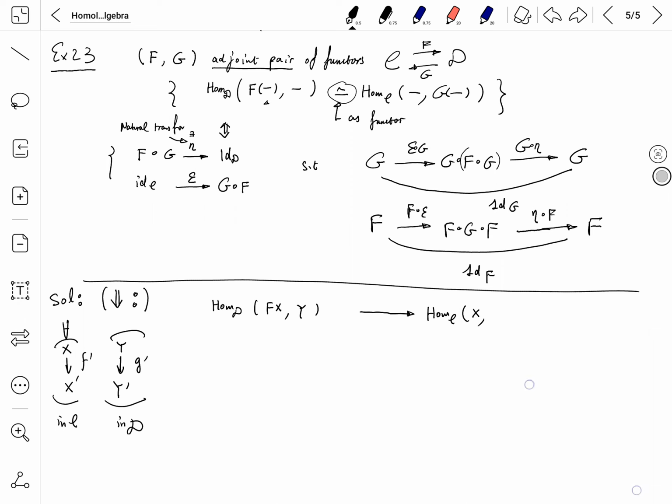Firstly, we have this isomorphism, exactly the same isomorphism I wrote there, applied for x and y.